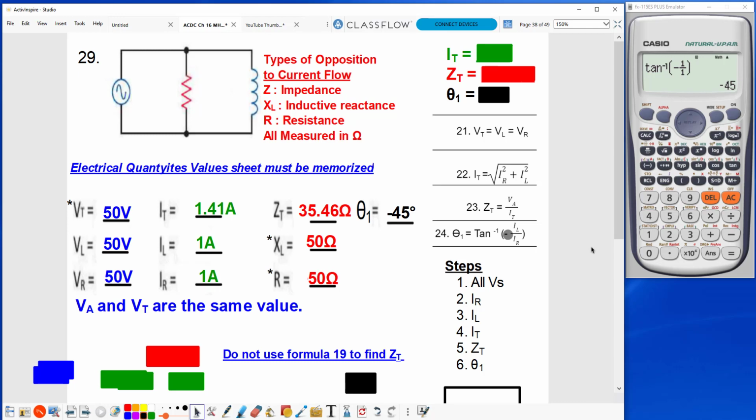All right, now that we have found all of our values down here in our spreadsheet, we're ready to provide whatever's asked for on the homework, IT, ZT, and theta 1. That's what I asked you for on the Chapter 16 Math Handout Canvas Answer Sheet assignment on your Canvas page in the Chapter 16 module.